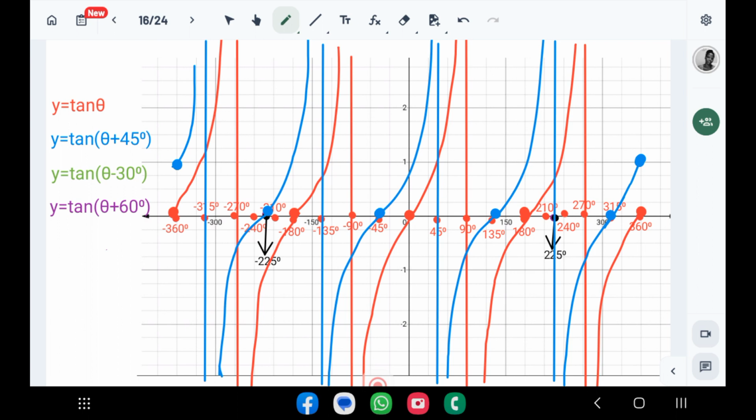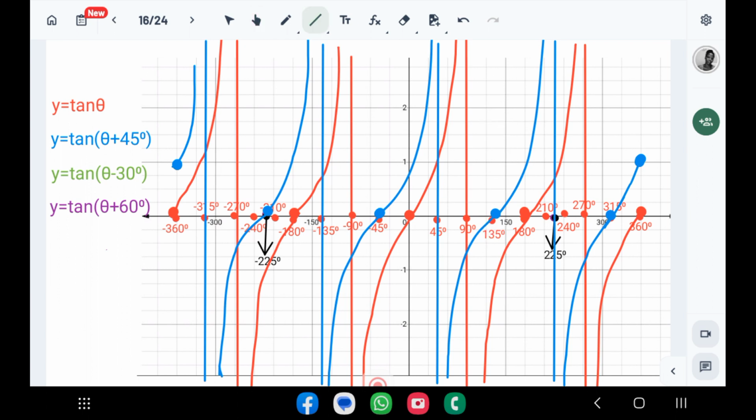Now let's draw the green graph. The green graph is shifted 30 units to the right. Okay, so from the standard one, which is the red one, we go 30 to the right. So let's shift this asymptote 30 to the right. So 30 to the right will take us to 210.